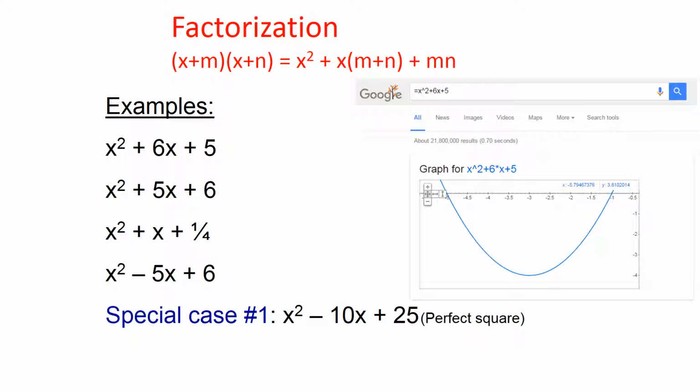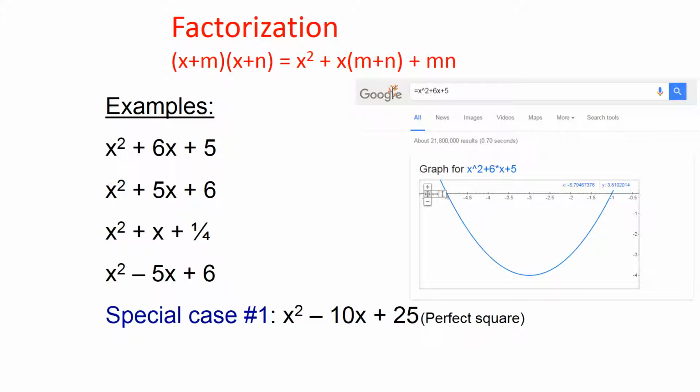So the only numbers that fit that are minus 5 and minus 5. So when you take minus 5 plus minus 5, you'll get minus 10, which is this number. And when you times minus 5 times minus 5, you'll get plus 25.